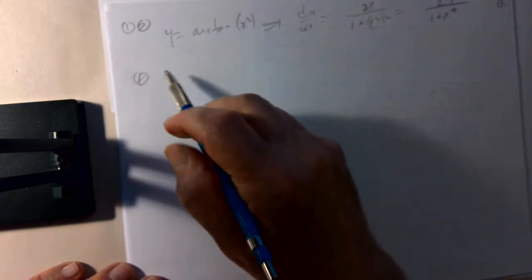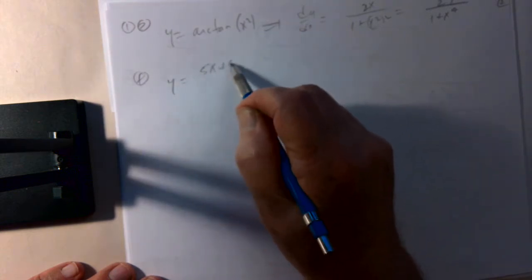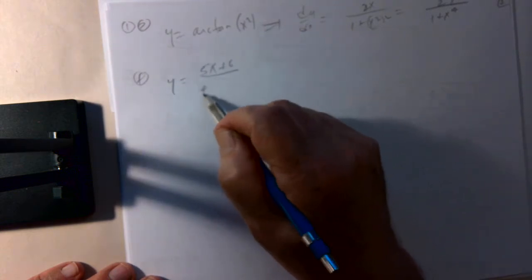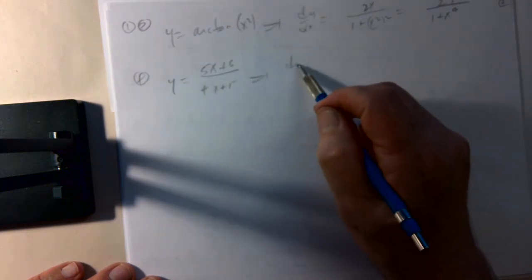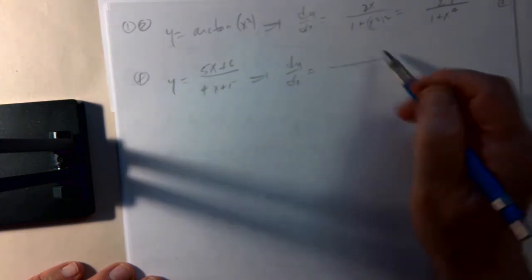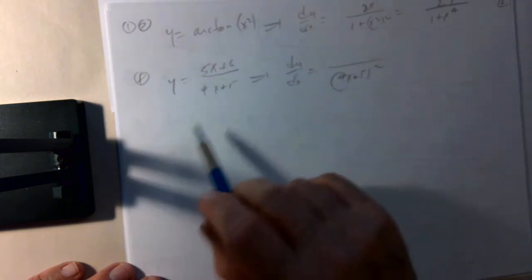And finally, f, if y is 5x plus 6 over 4x plus 5, again, by the quotient rule, you get (4x plus 5) squared in the denominator.